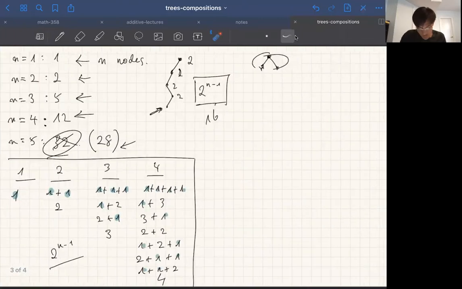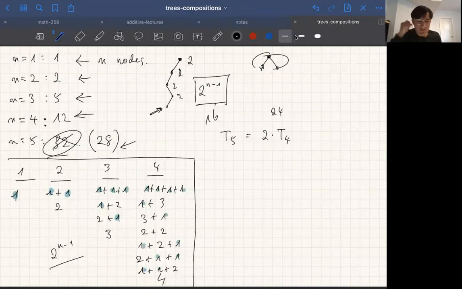So we can start by saying the number of ways to do it will be, for n equals 5, 2 times, let's call this Tn, so T5, we can start with 2 times T4, so that's already 24. And then this is sort of saying that there are only 8 left. Not 8 left, there are 4 left.